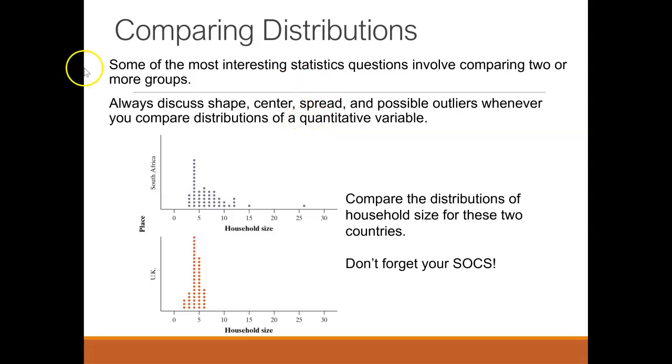So if I want to compare two distributions, the things I'm going to compare are shape, center, spread, and possible outliers. Again, the comparison will be using SOCS. So we're comparing household size in two different countries, South Africa and the United Kingdom. If I look at South Africa and want to find the center, I'm looking at where the middle data point is.